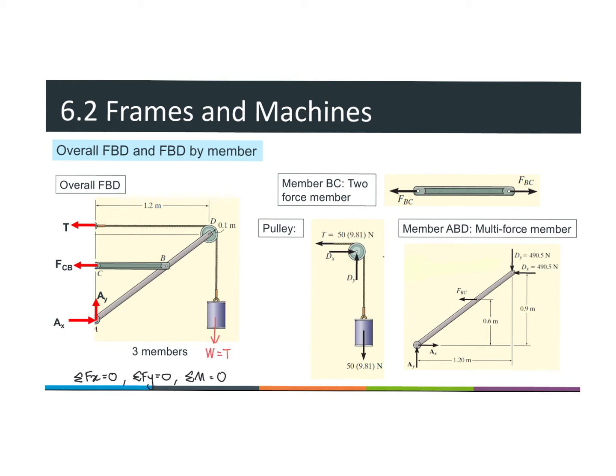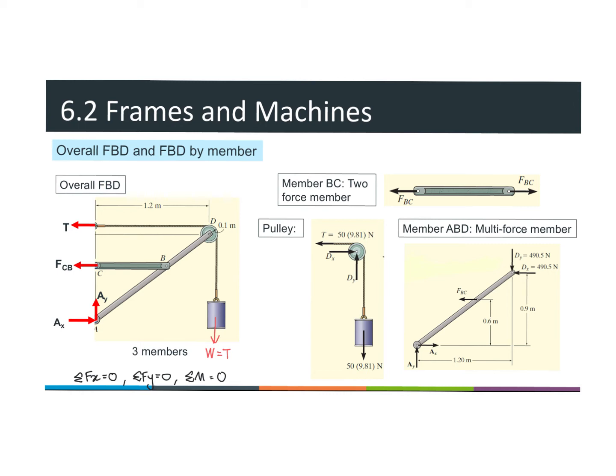So if the overall FBD contains more than three unknowns, I think we just ignore the overall FBD. No need to draw it, no need to calculate the value based on the overall FBD, because we only have three equations, so we can only find three unknowns.